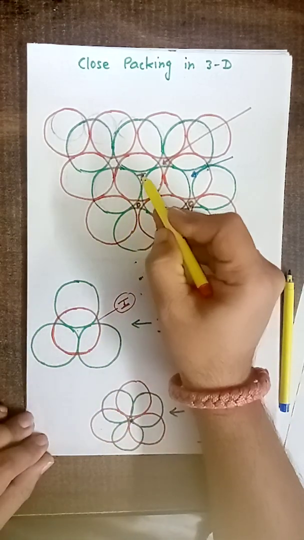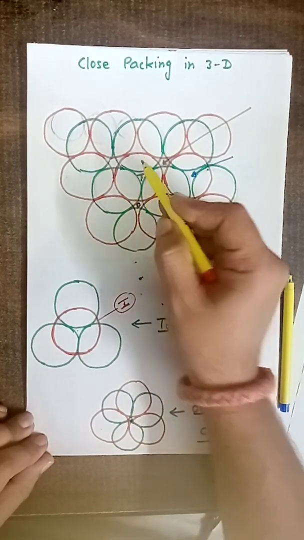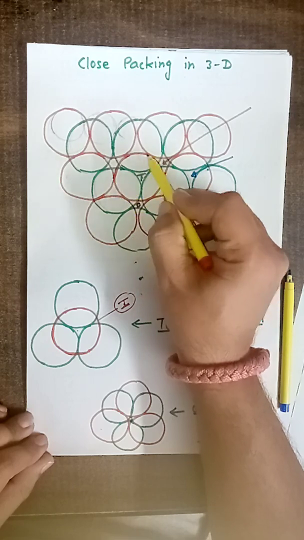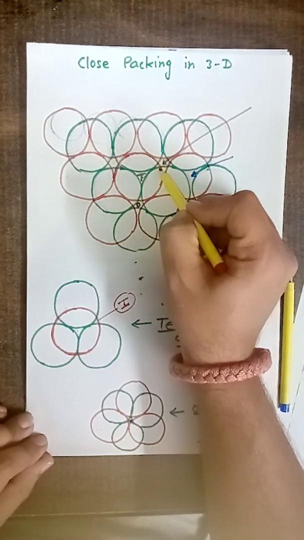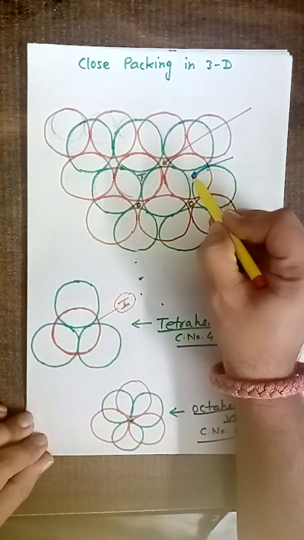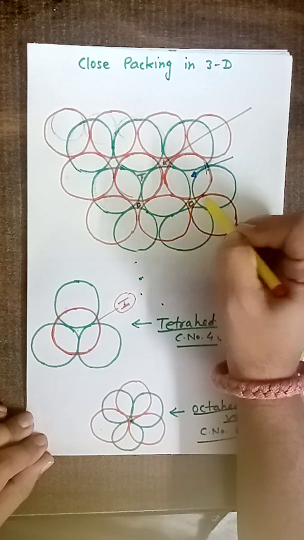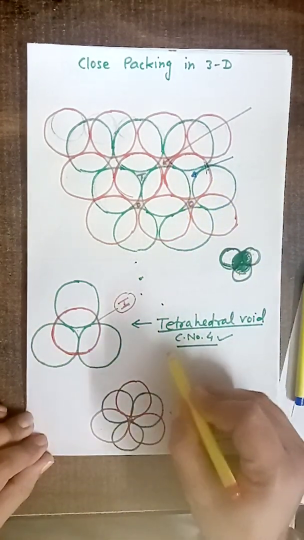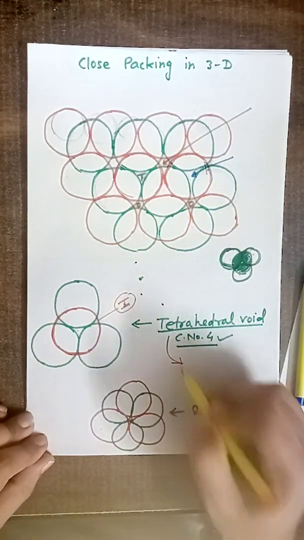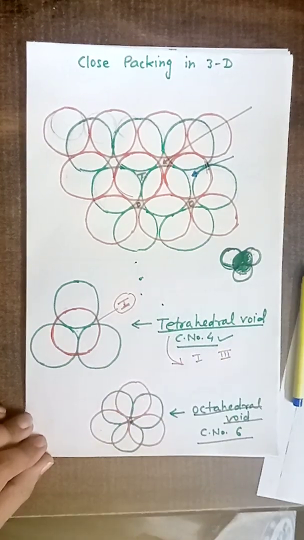Here also, if particles occupy the tetrahedral void, then you can't distinguish between the first and third layers. They are 100% identical. Here also this is a tetrahedral void, and the particles of the first and third layers are 100% identical. The conclusion is, if the particles occupy tetrahedral voids, then the first and third layers are 100% identical.